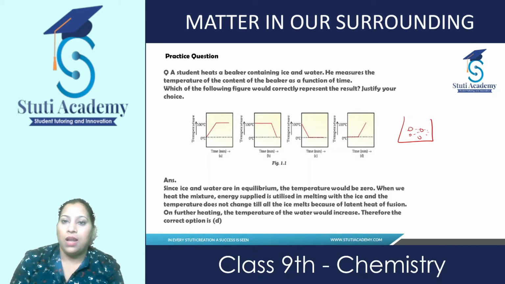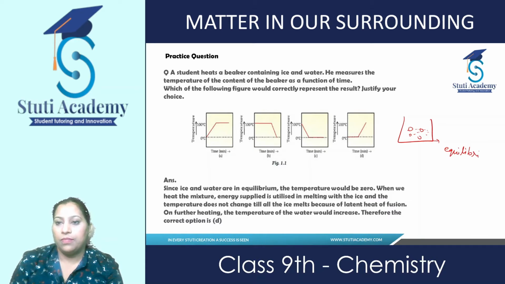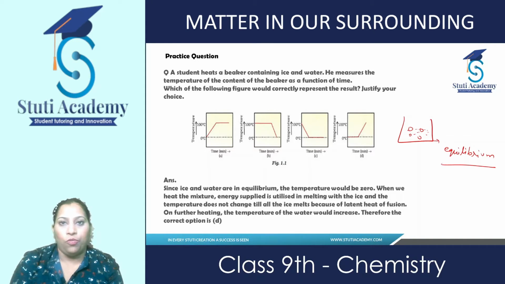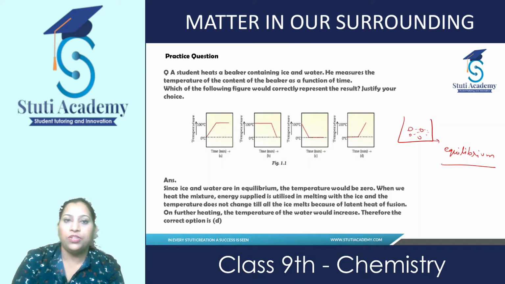Water and ice, these two things are present in a beaker, and when ice and water are both present together, they attain an equilibrium. The temperature is 0 because the temperature of the water and the ice after attaining equilibrium is 0.